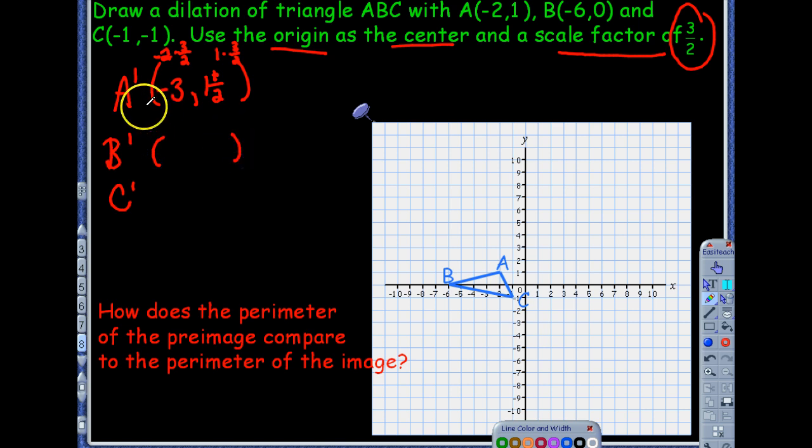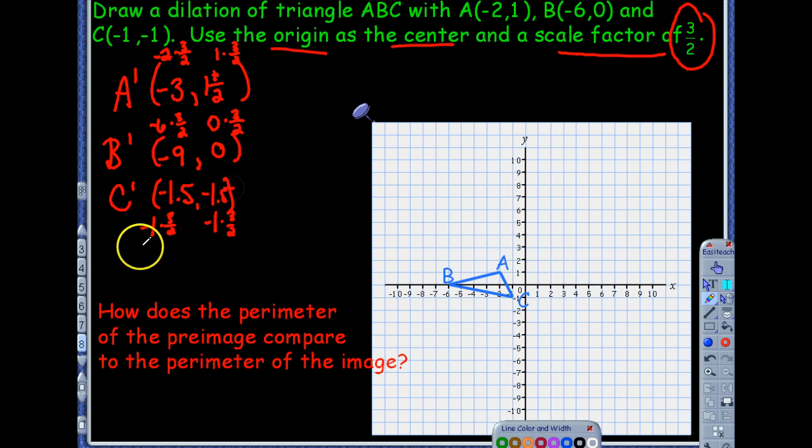Do the same thing to B, multiply the -6 times 3/2 and 0 times 3/2. So it'd be -9, 0. And then C prime, you're just going to multiply -1 times 3/2 and -1 times 3/2. Do it twice. So it would be a -1 1/2 for each of them. You could do -1.5, you could leave it as -3/2. I just want you guys to realize that there's lots of ways to write those.